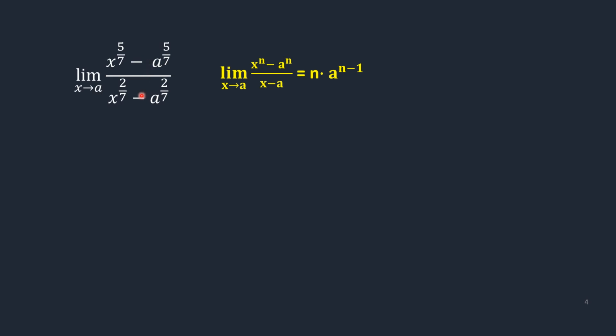So the limit becomes, in the numerator, limit of x to the power 5 by 7 minus a to the power 5 by 7 over x minus a as x approaches a, and in the denominator, limit of x to the power 2 by 7 minus a to the power 2 by 7 over x minus a as x approaches a.